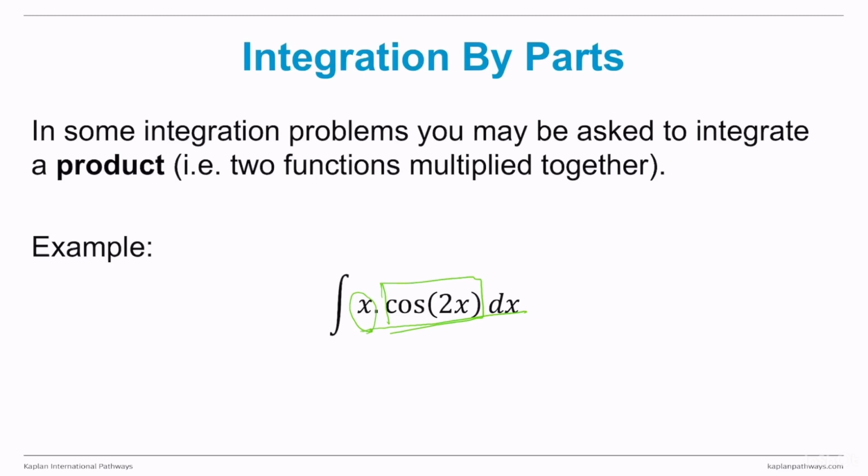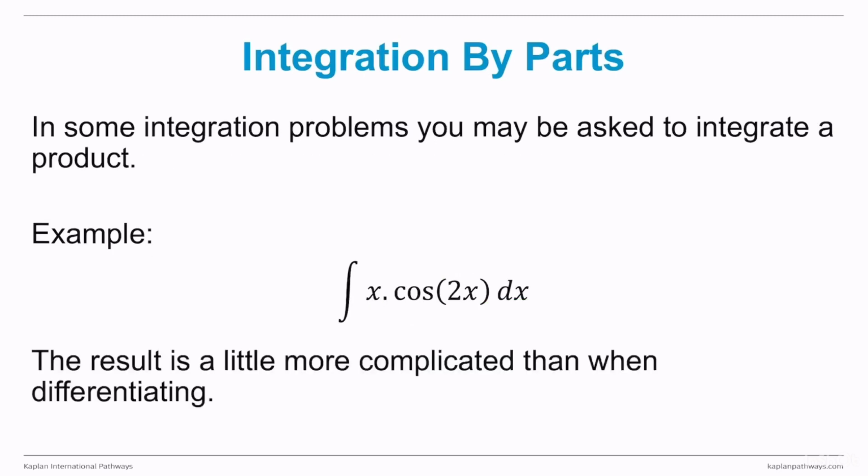Or there is another kind of integration, which is the substitution. We're going to do it tomorrow. Anyway, basically if you have two functions multiplied together and you integrate them, you use integration by parts. Let's see how it works.